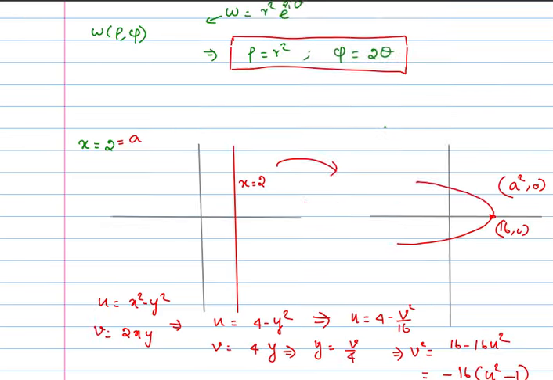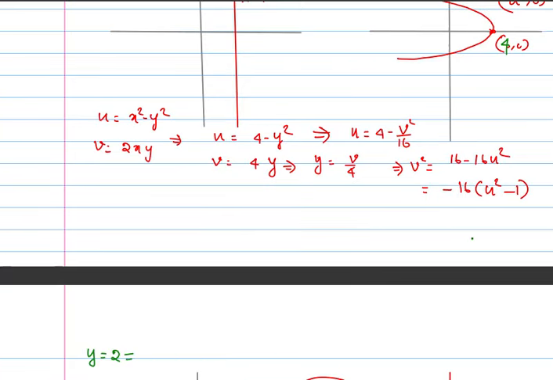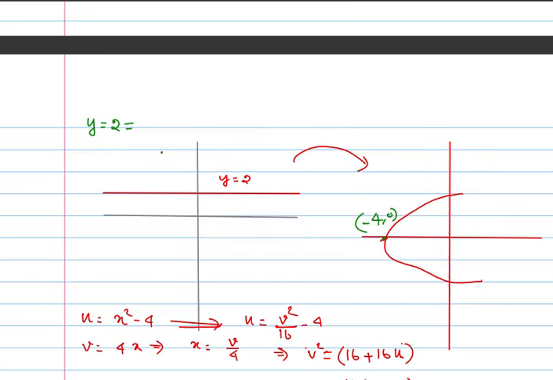So please change the previous example also; 4 only will come, because 4ax will be there. So here we get the point minus 4 comma 0. Whenever it is some c, we will get minus c square comma 0. These are the two straight lines, parallel to the x axis and y axis, mapped to parabolas.